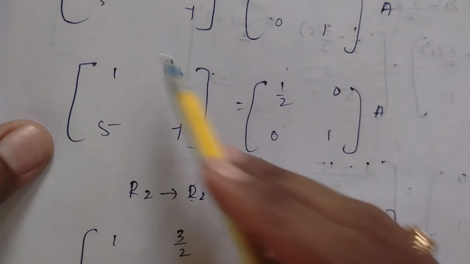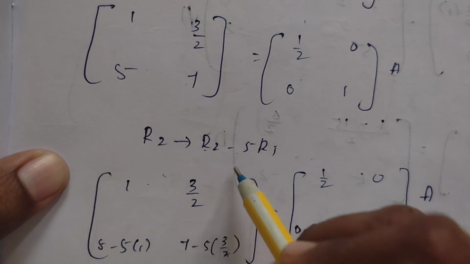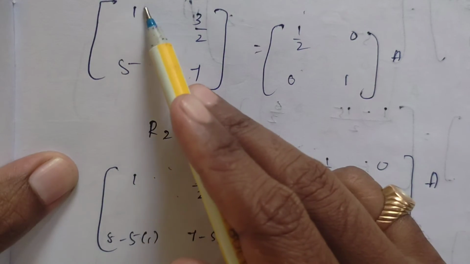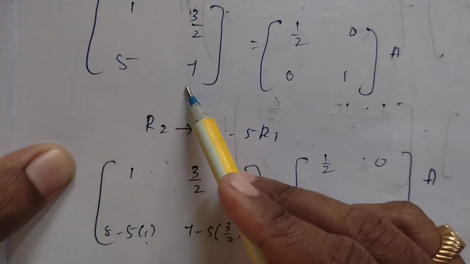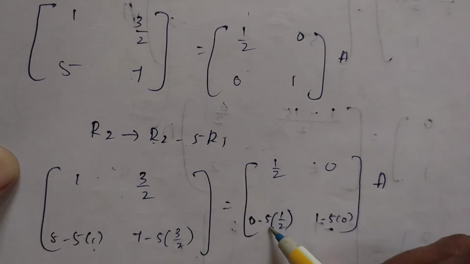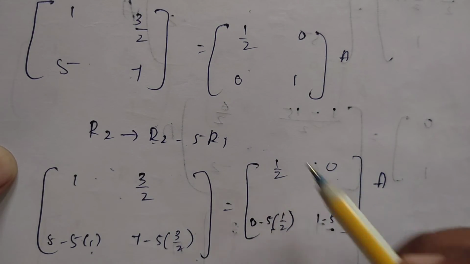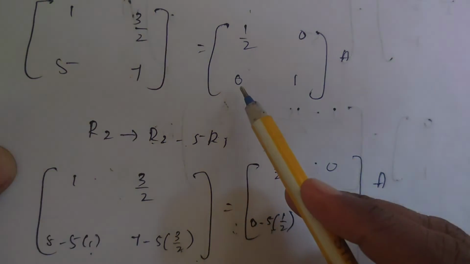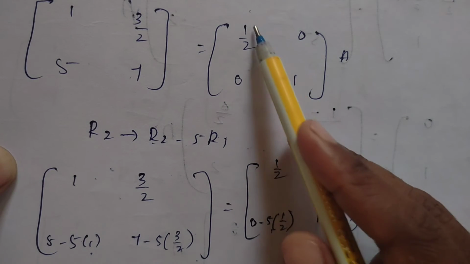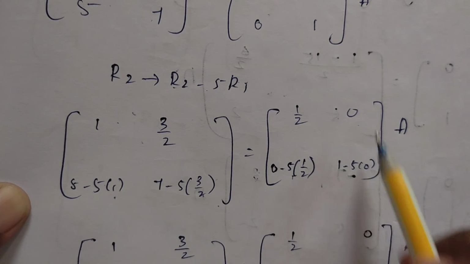R2 minus 5 R1. So keep R1 as it is, 1 3 by 2. Now R2: 5 minus 5 into 1, 7 minus 5 into 3 by 2. Same thing applied in the RHS. 1 by 2 0 is kept as it is. R2 is getting changed: 0 minus 5 into 1 by 2, 1 minus 5 into 0.